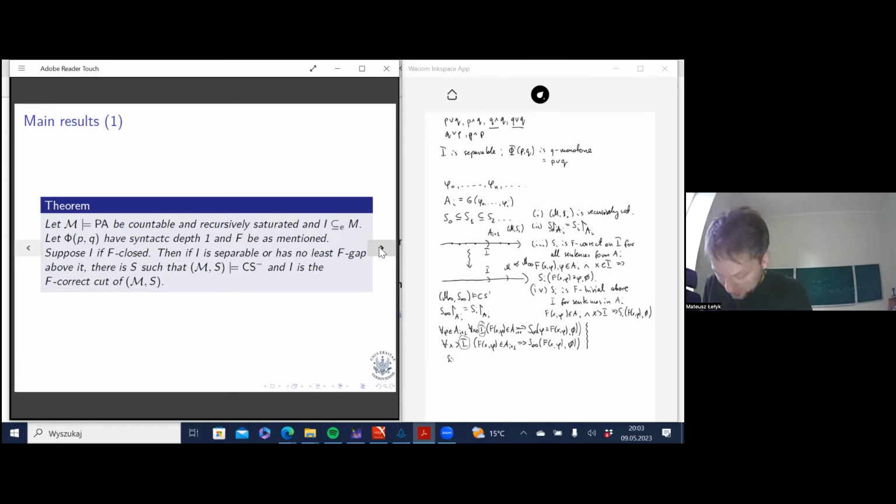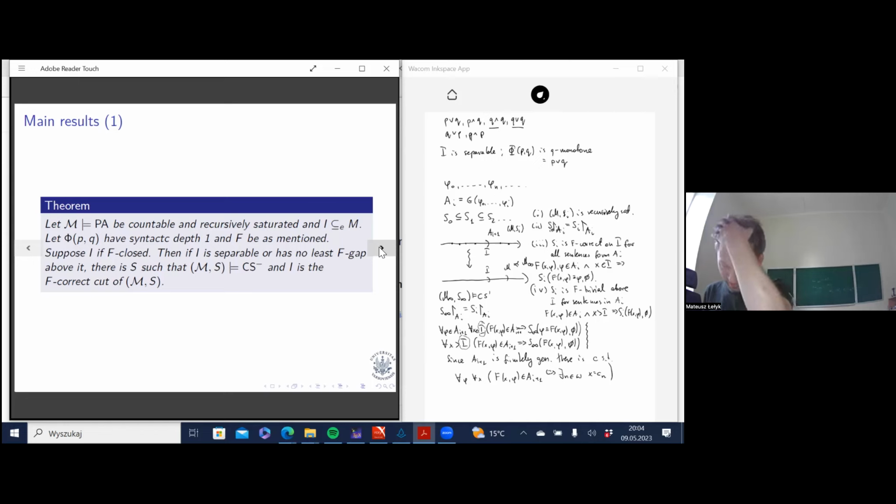So since AI plus 1 is finitely generated, there is C such that for every phi, for every x, f of x phi is in AI plus 1 if and only if for some n in omega, x is equal to Cn.